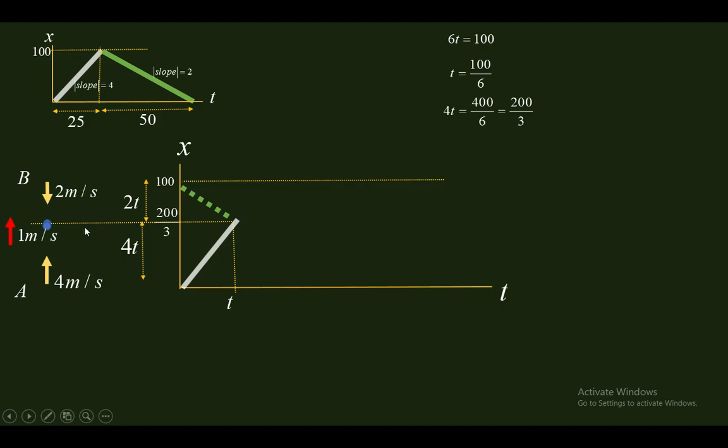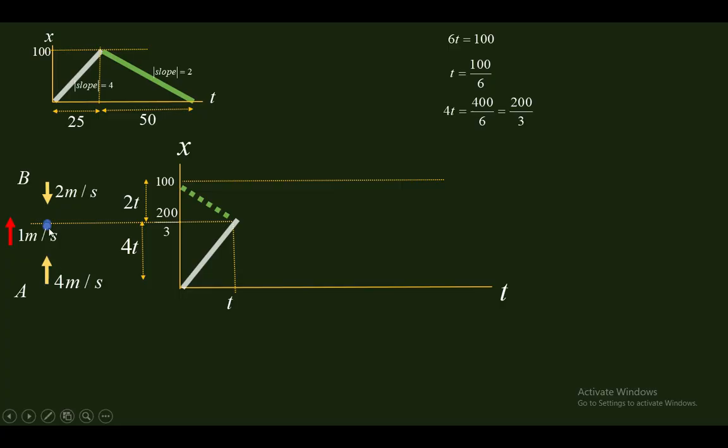Now what happens when they meet? Both these boys return their motions, and once B returns its direction, B will have a velocity of 4 because now B is moving in the direction of the conveyor belt. And when A returns, A will have a velocity 2 meters per second because now A is going opposite to the motion of the conveyor belt.